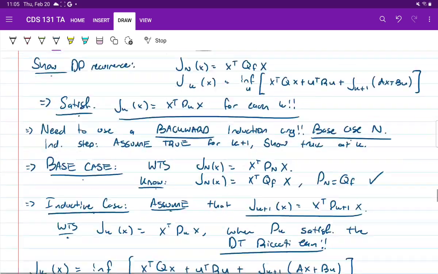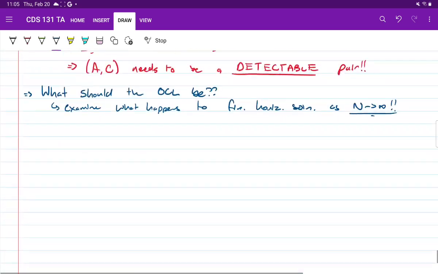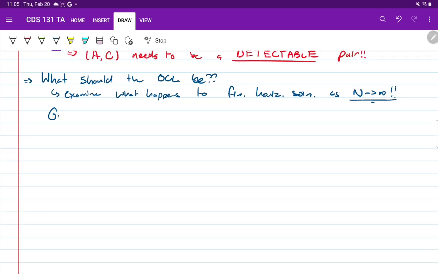So our guess is that the Pk's converge to a P such that P is a fixed point of this discrete time Riccati equation.